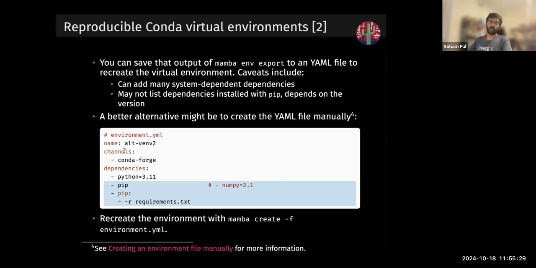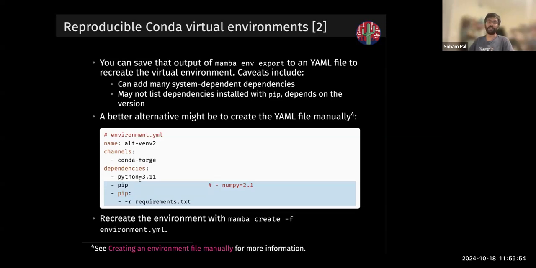So in this file, what I have placed here is just the name of the environment, the channels from which Mamba will install these packages, and then the packages that are to be installed.